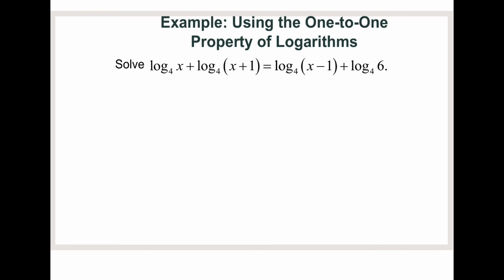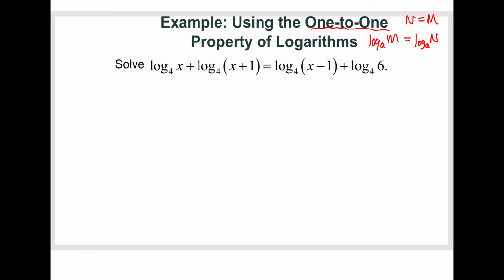So in those examples, we looked at one of the ways to solve logarithms, which is to rewrite them as exponential. But sometimes that's not going to be our best strategy. One of the other properties we have with logs is the one-to-one property, which basically says if log base a of m equals log base a of n, the same base, then m has to be equal to n.